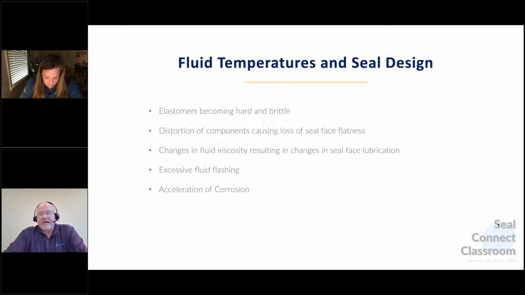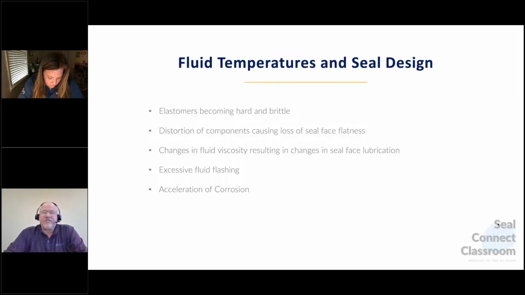Distortion of components because of high heat. You've got face materials that are pressed in metal holders that have different rates of expansion, and you can end up with distortion of seal faces and loss of flatness because of higher temperatures. Some fluids change viscosity at higher temperatures and reduce the ability to lubricate a seal face. So things that are low temperature may lubricate, but when you get to an elevated temperature, not only from the process, but from the heat generated between the faces, they can lose their lubricating properties.